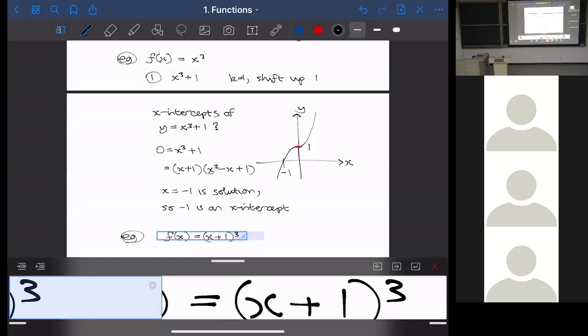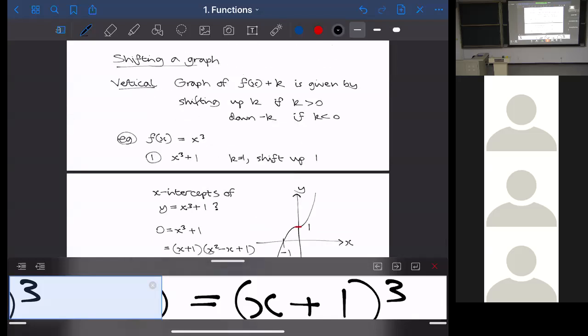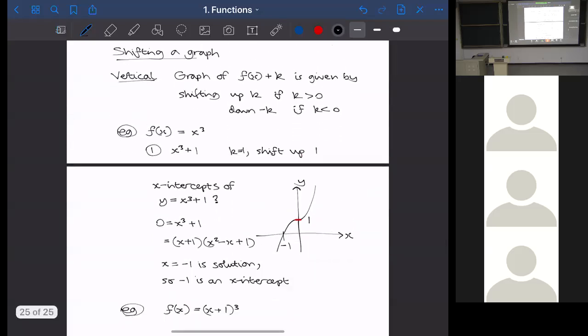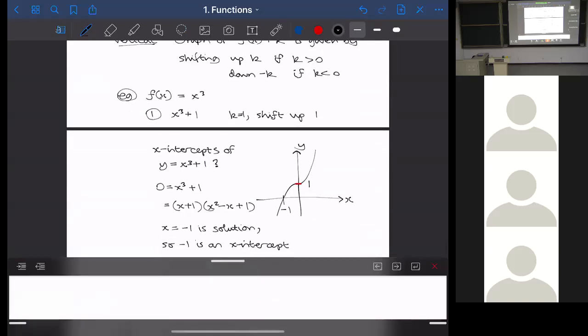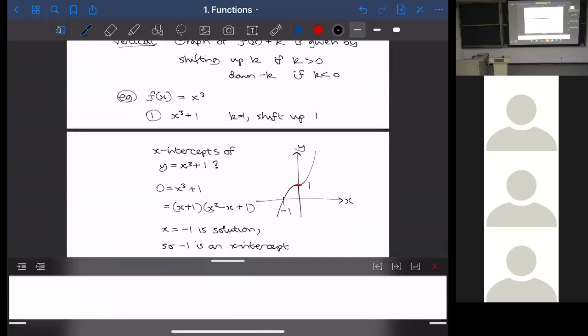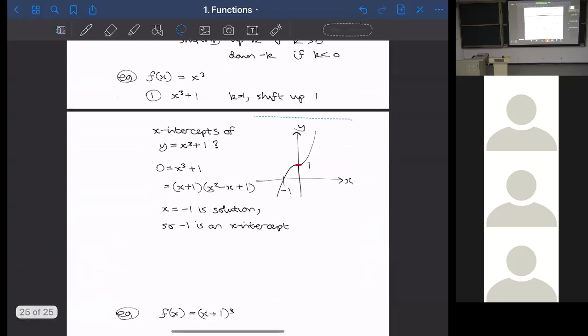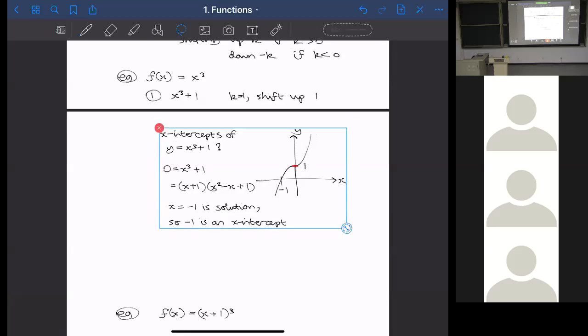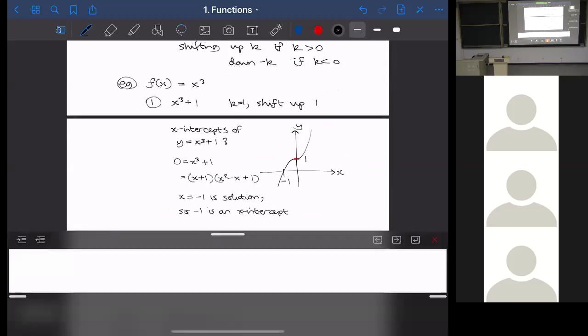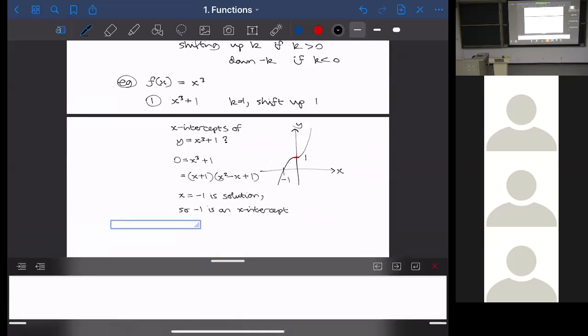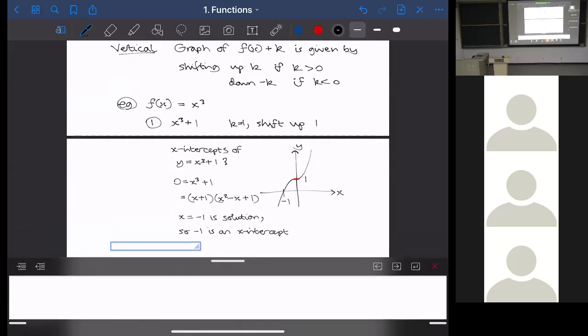Let me explain what I mean. So this will give a horizontal shift.